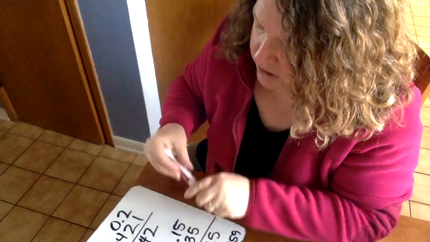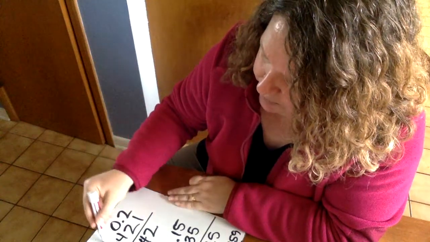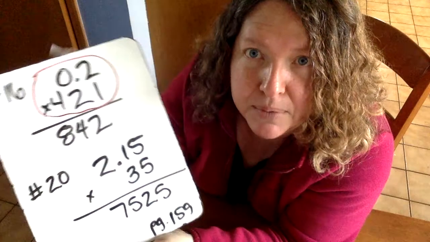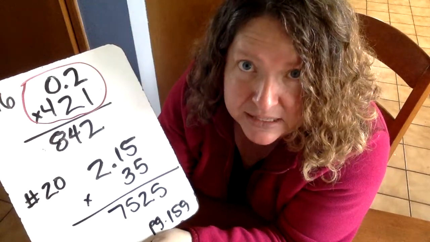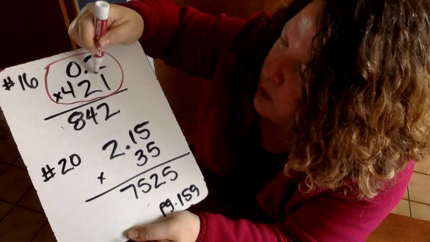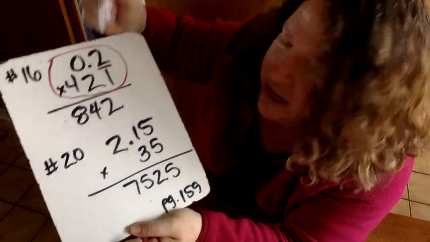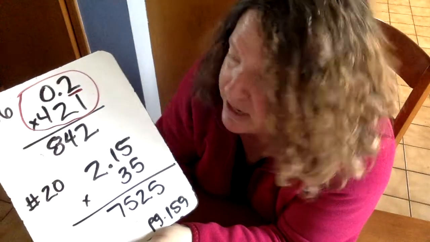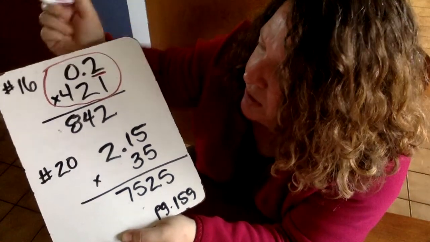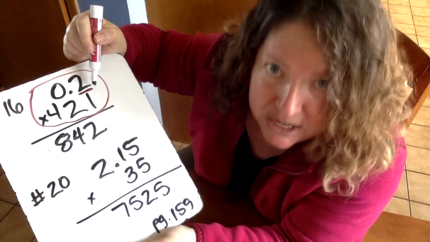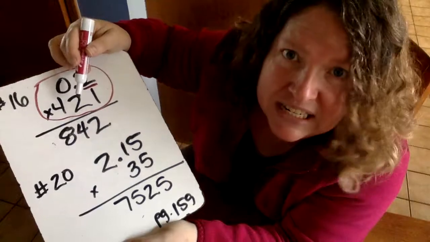So we're going to look at the whole problem. You're going to look for how many numbers are in a decimal place value. In this one, we only have 1, and it's this 2. That 2 is in the 10th place. It's the only number in a decimal place. This is a whole number, whole number, whole number. So since we have 1 decimal place in the problem, we need to have that in the answer.